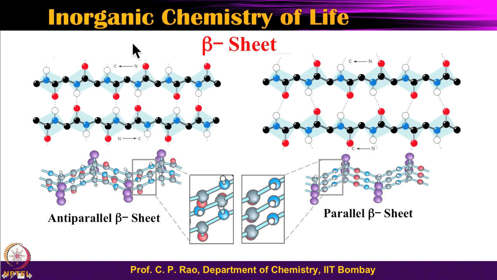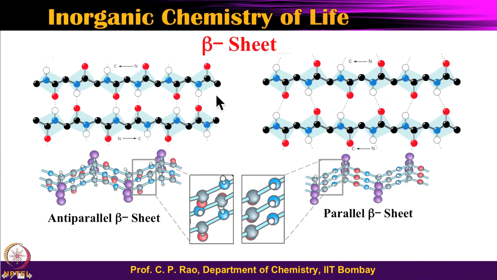That kind of arrangement gives you the sheet type of structure, which is called the anti-parallel beta sheet. On the other hand, when N to C and N to C, or C terminal, N terminal, are exactly aligned, it is called a parallel beta sheet.